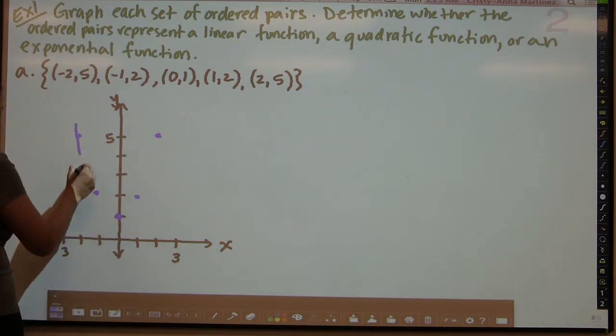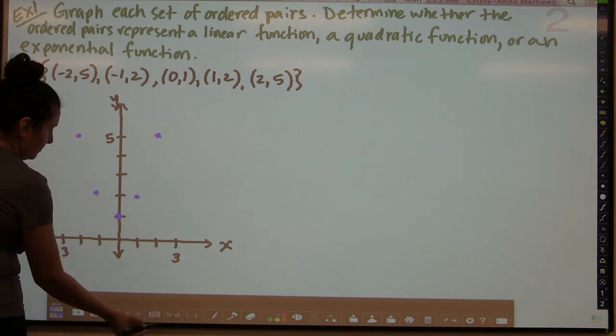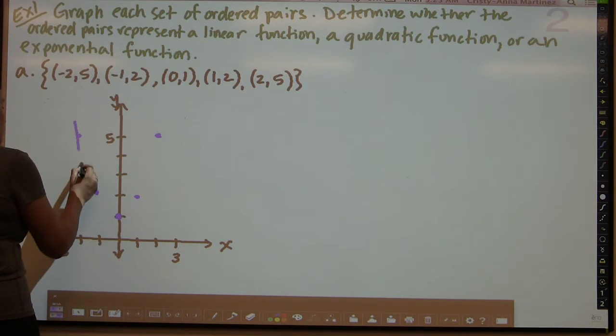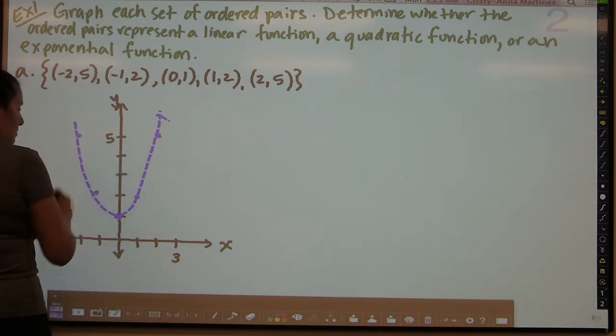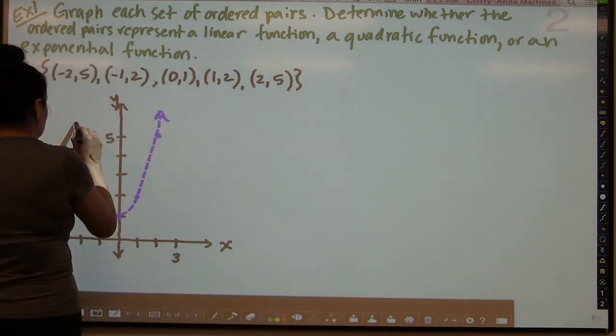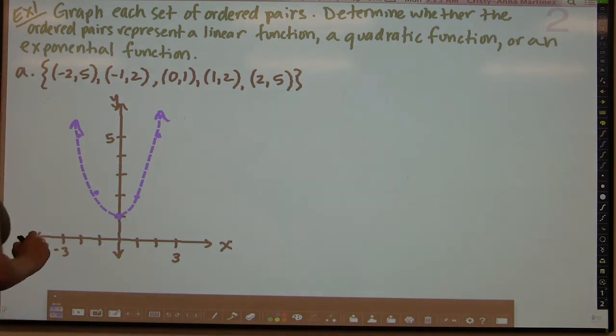So this appears to me to be quadratic looking, just like so. Alright, I barely missed a little dot there, but you get the point. This is part A, so it appears to look like it's quadratic.